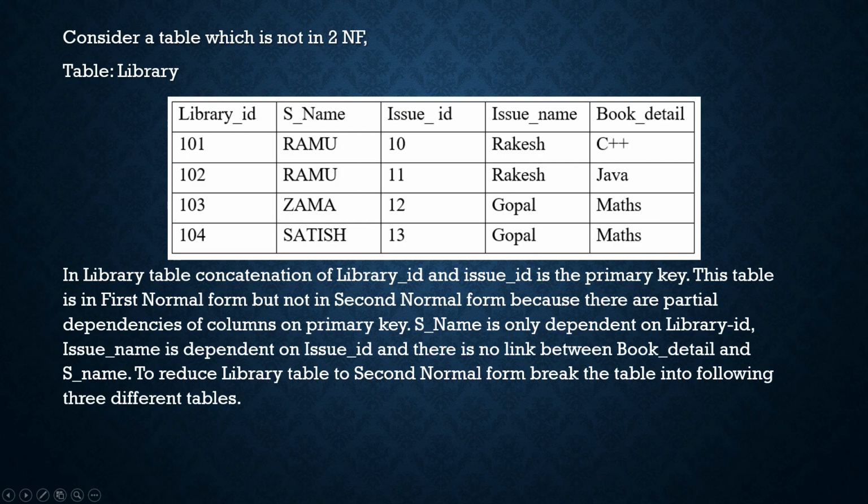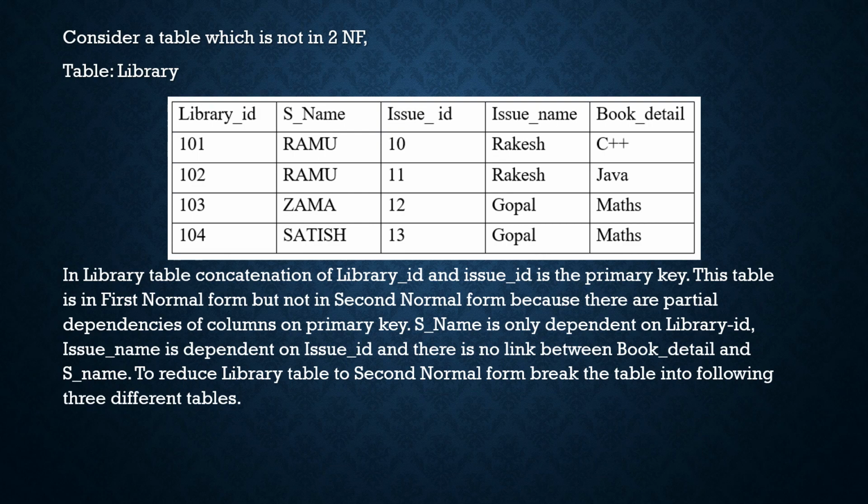This table is in first normal form but not in second normal form because there are partial dependencies of columns on the primary key. So what do you mean by partial dependencies? Here issue name and book details depend on issue ID, and student name depends on library ID. So partial dependencies are there.